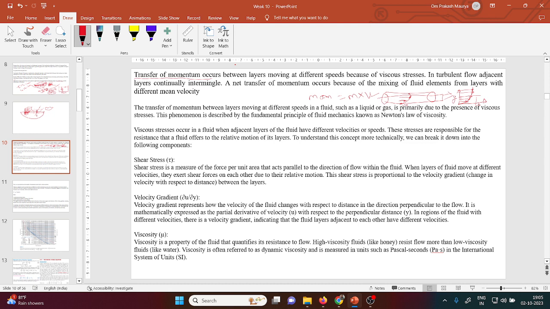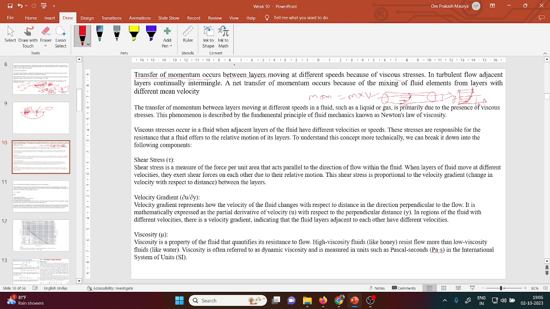That is written in a different way: the transfer of momentum occurs between layers moving at different speeds because of the viscous stress. Viscous stress, you know, is the viscosity concept and the no slip concept also.